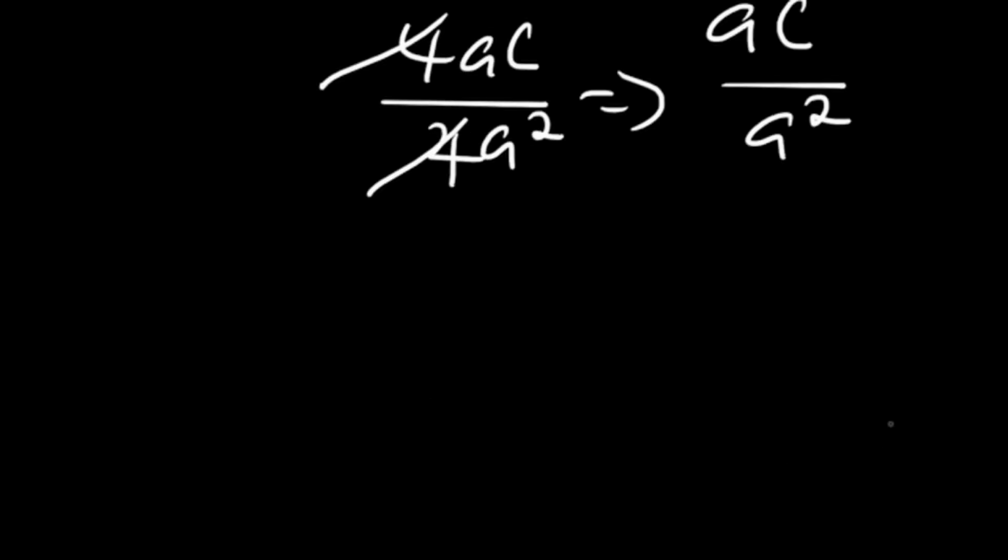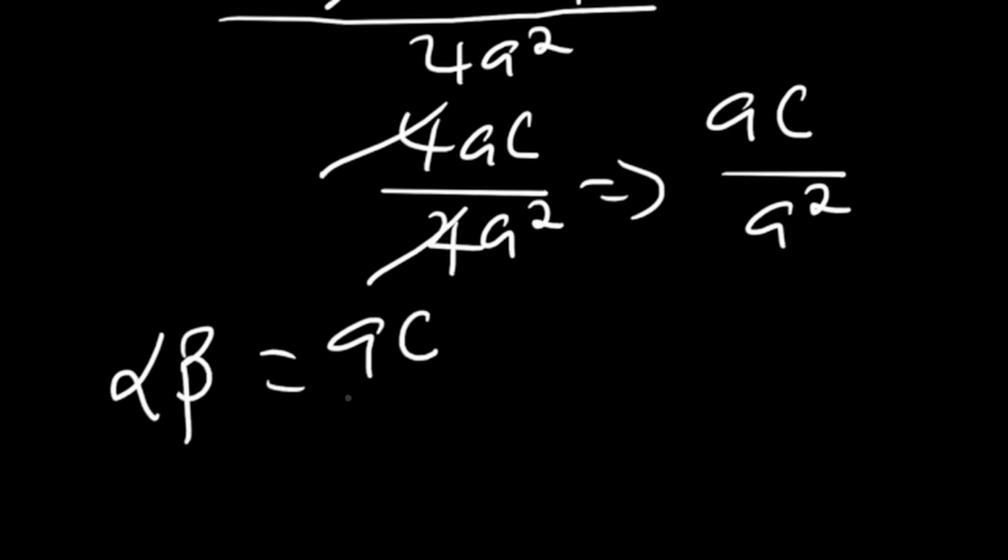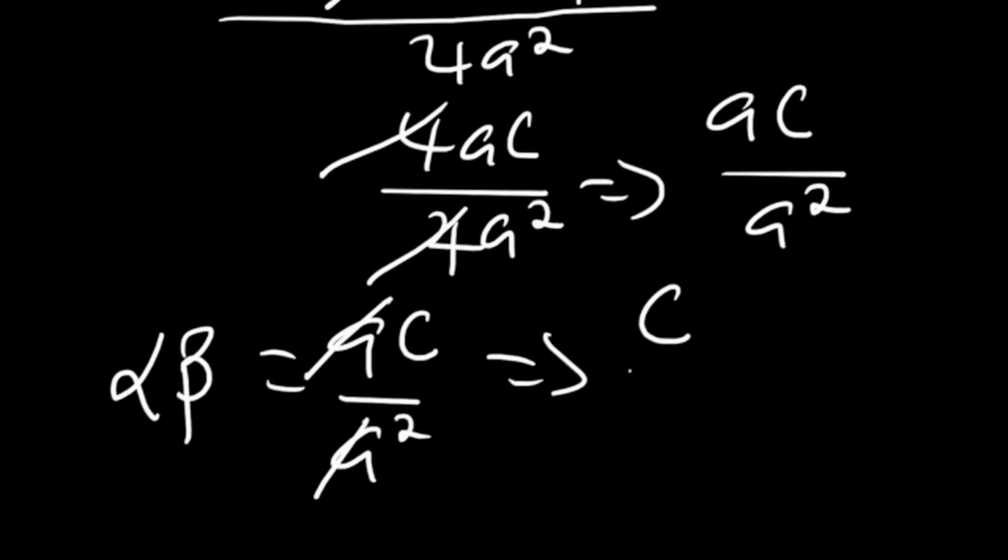Remember that we're doing the product, and we've arrived at this point, so we say alpha times beta equals ac over a squared. Now, this a and one of the a's down here can cancel out, and we now have c over a remaining.